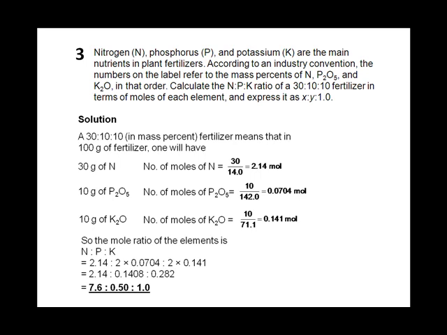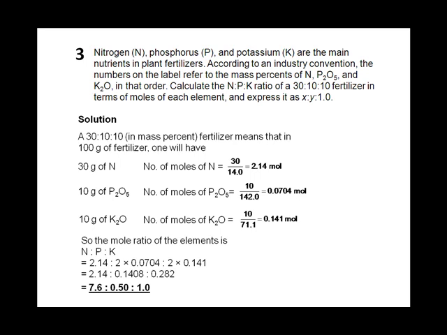So in the end, we get a ratio of 2.14 to 0.1408 to 0.280. But again, the question is not asking us for this ratio, but we need to express the ratio of potassium, K, as 1.0.